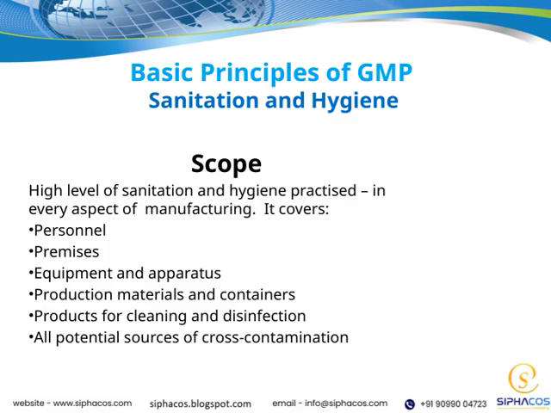Most importantly, we need to be constantly aware of all potential sources of cross-contamination. Addressing these sources is crucial to protect the integrity of our products and ensure they meet quality standards. Overall, maintaining a high standard of sanitation and hygiene across all these areas is key to consistent, safe manufacturing.